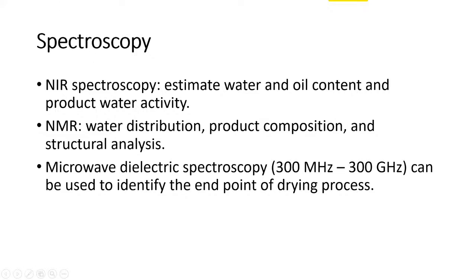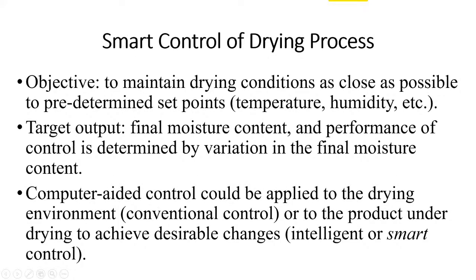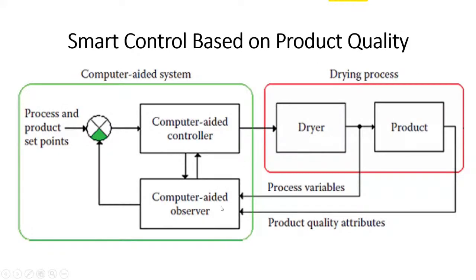And how do we incorporate this into the smart control system? Here we have a control system, and here we have the dryer that we control. But how we control this dryer is based on the perceived quality of the product during our drying operation.